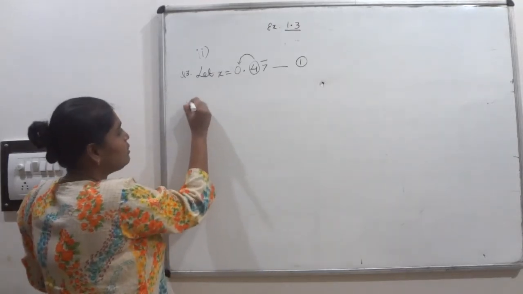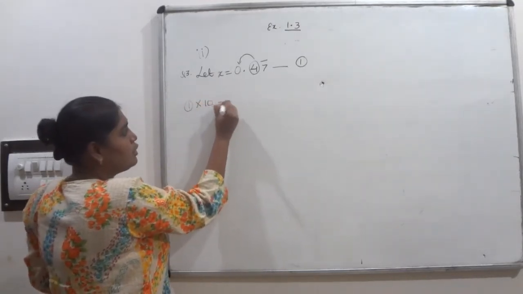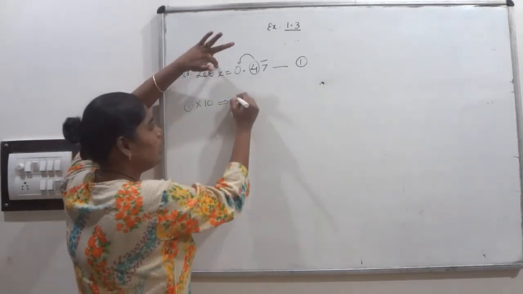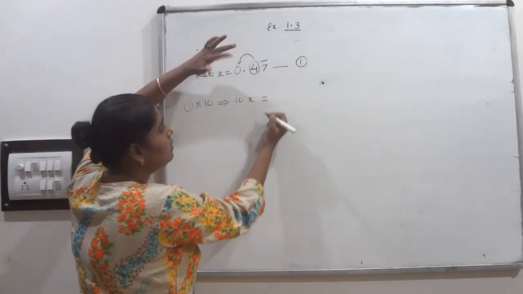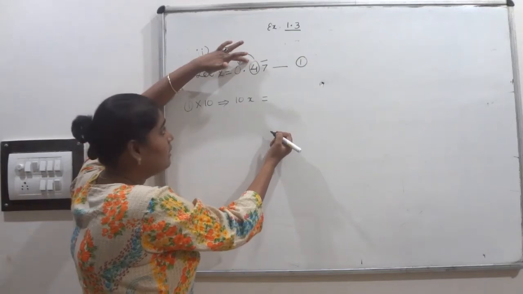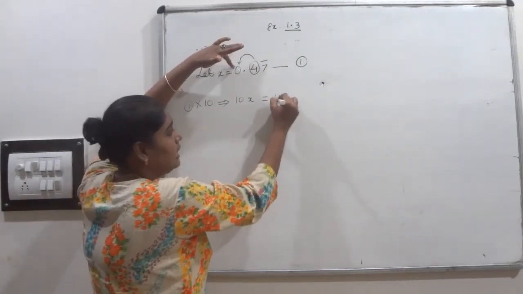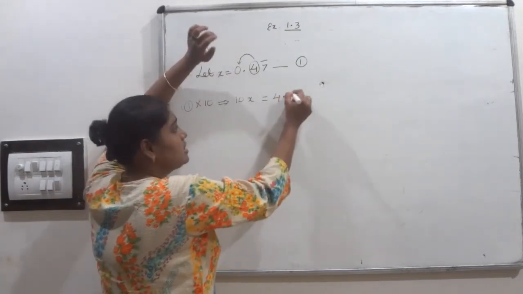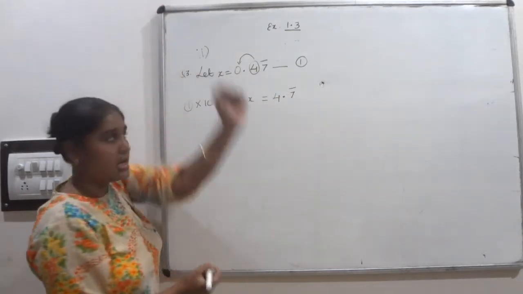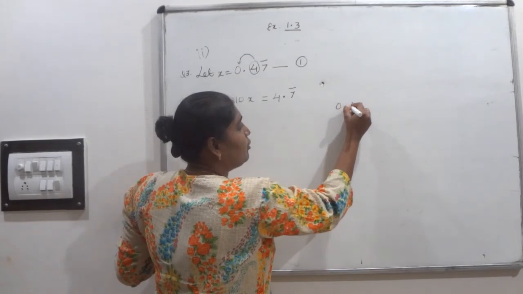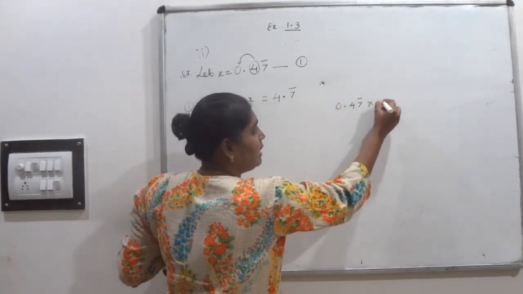So equation number 1 is multiplied by 10. 10 into x is 10x, equal to 0.47 bar multiplied by 10.